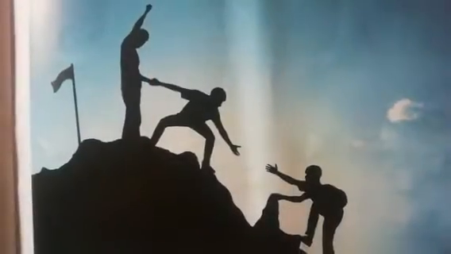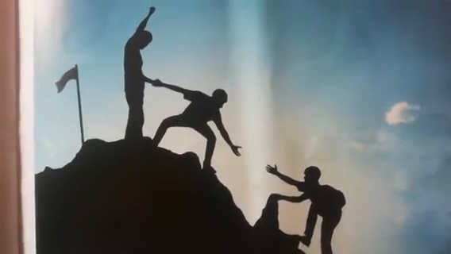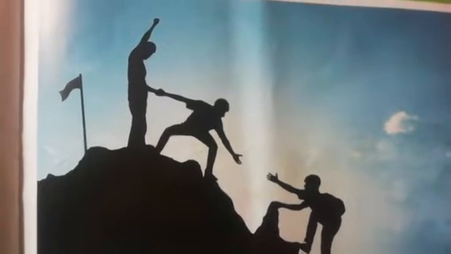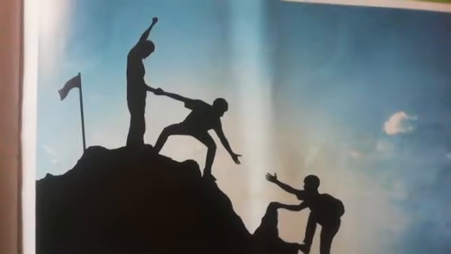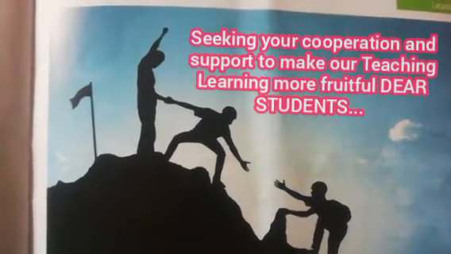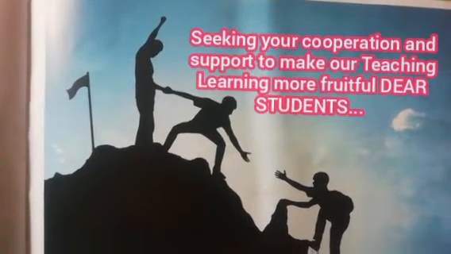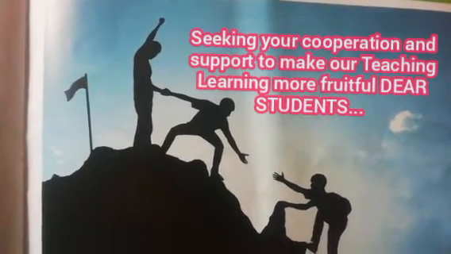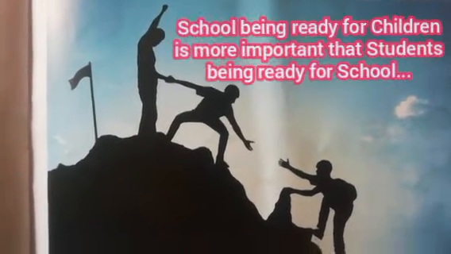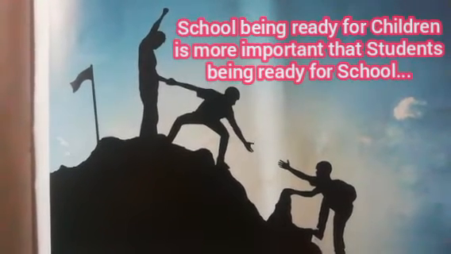This was all about this chapter, dear students. Now I want to conclude with the help of this picture. You can see here, one person is already on the top, the second person is holding the hand of that person who is already on top, and the third person, who is a little bit behind, is being helped by those 2 persons to come to the top, okay.